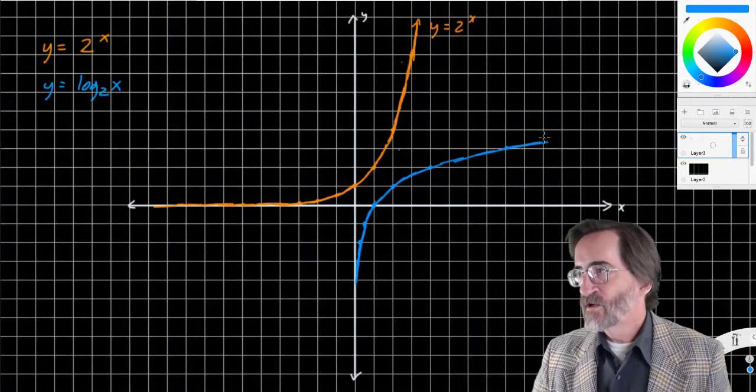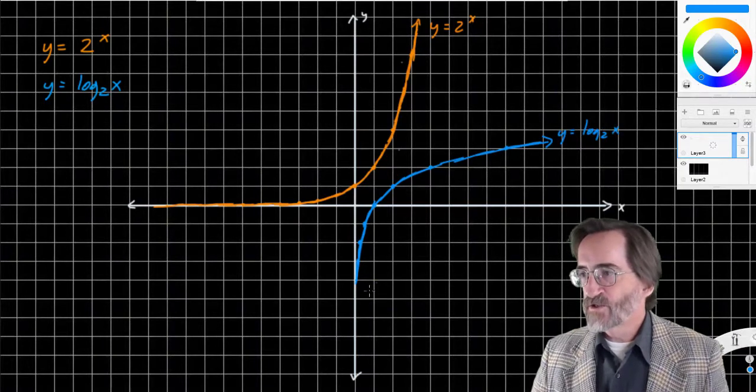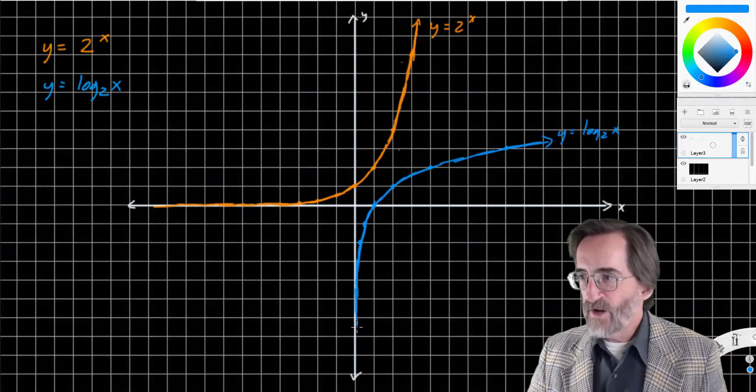Okay, and remember what we learned about inverse functions. Y equals log base 2 of x. Inverse functions are symmetric about the diagonal line y equals x.